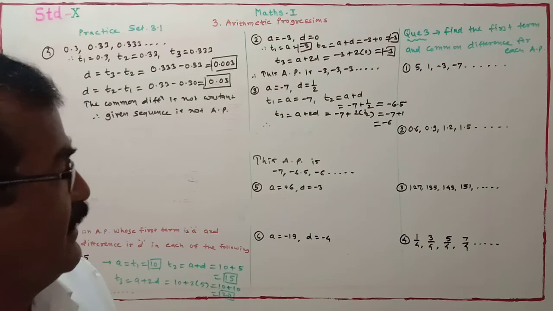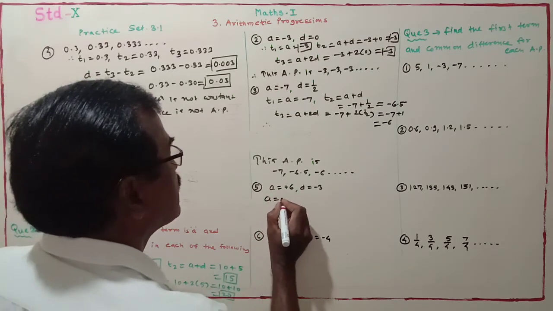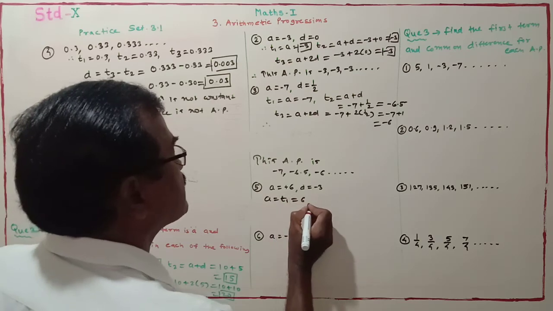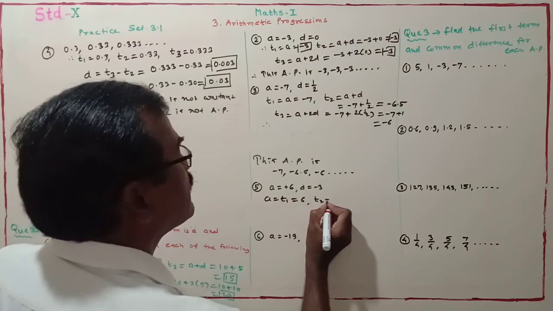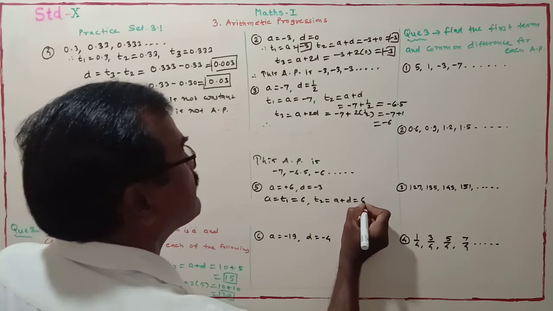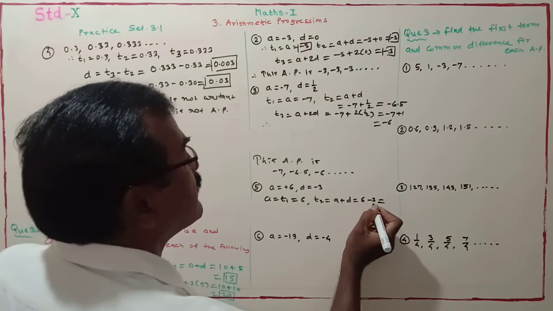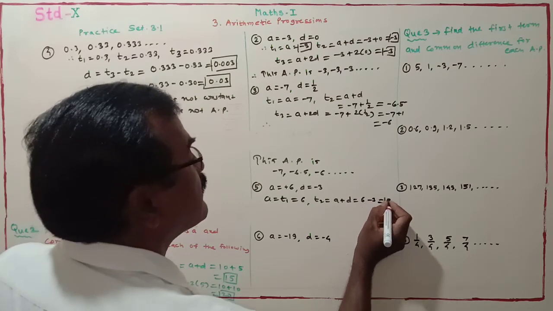In the fifth example, A is equal to 6, T1 is 6. T2 is A plus D, A is given 6, plus minus 3 is 3.